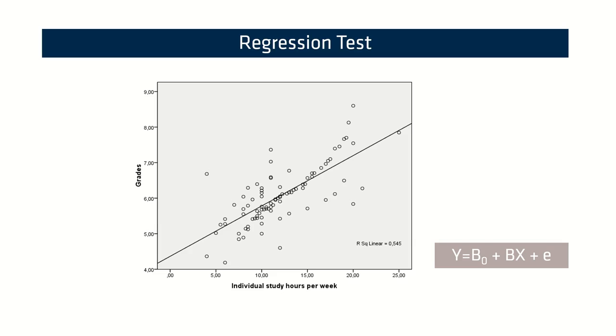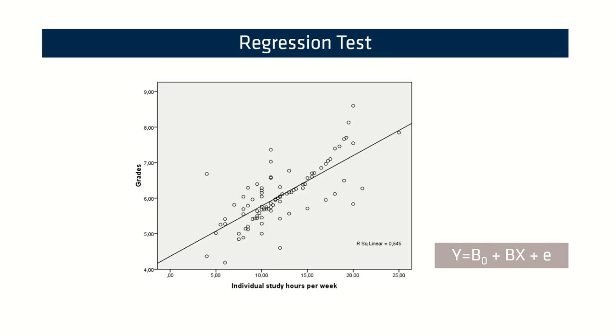The b null or B0 is the intercept, otherwise known as the constant of the line at the y-axis, meaning the student's grades if they do not study individually. Or, in other words, the point at which the line crosses the vertical axis of the graph.